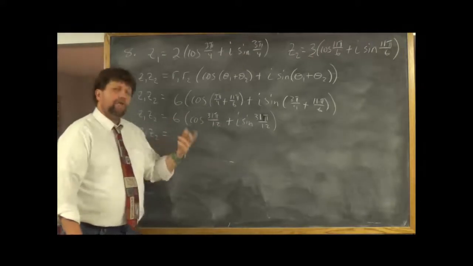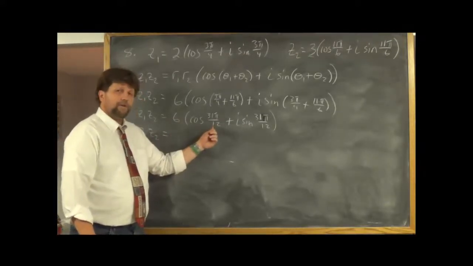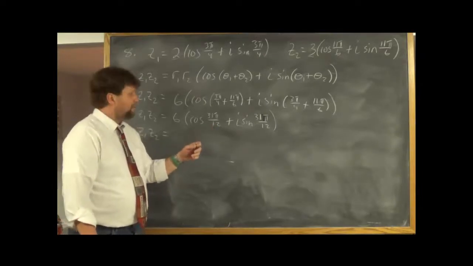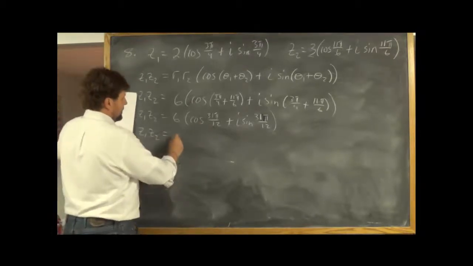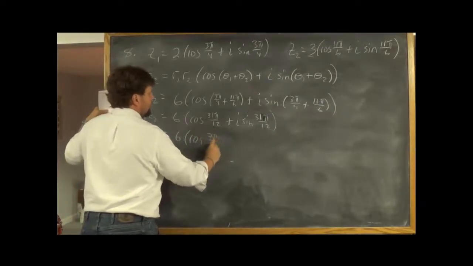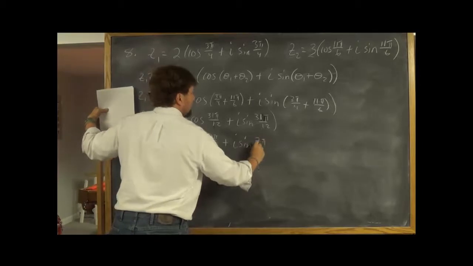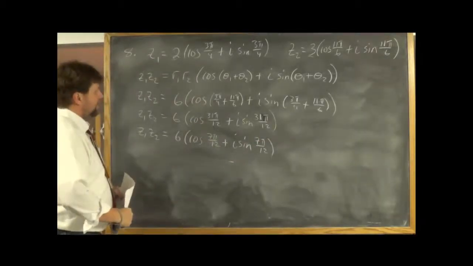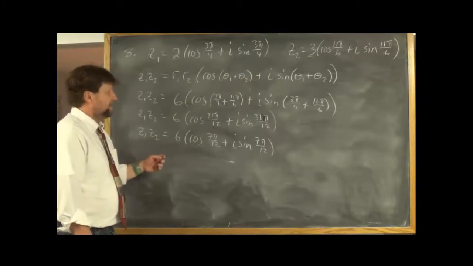And remember, when I subtract off a 2 pi, all I'm doing is finding an angle that is coterminal with 31 pi over 12. But 2 pi is 24 pi over 12, so I should subtract that off and get my answer of 6 cosine 7 pi over 12 plus i sine 7 pi over 12. Hopefully that's what you have for Z1 times Z2.